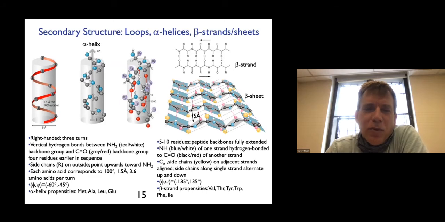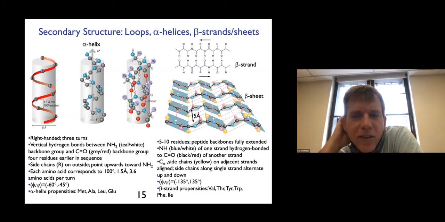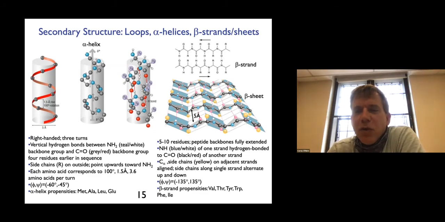For example, the most common helical conformation is an alpha helical conformation. And then there can be other types of conformations where you can have beta strands, where groups of 3, 4, 5 amino acids take on a particular conformation. And then those beta strands can self-organize into a sheet-like structure and form beta sheets.